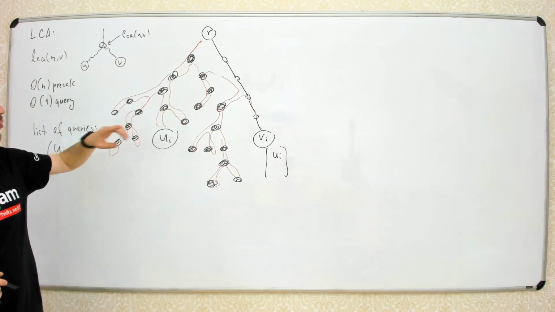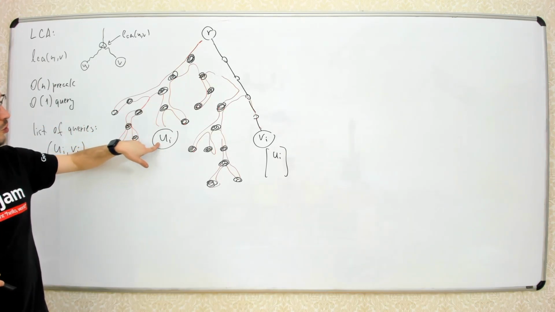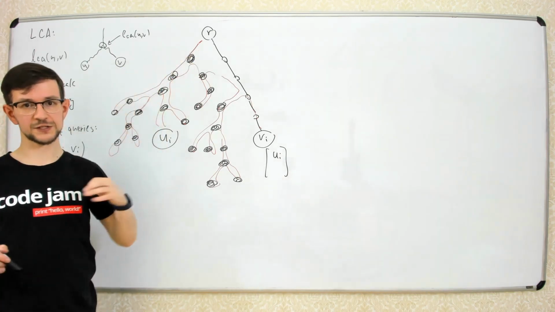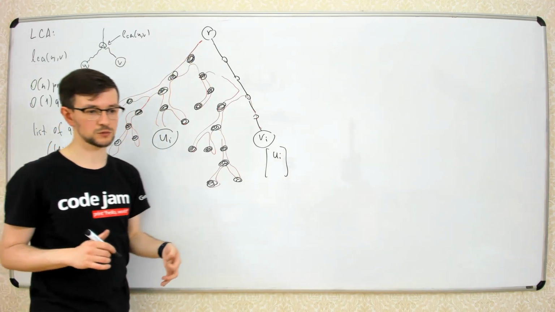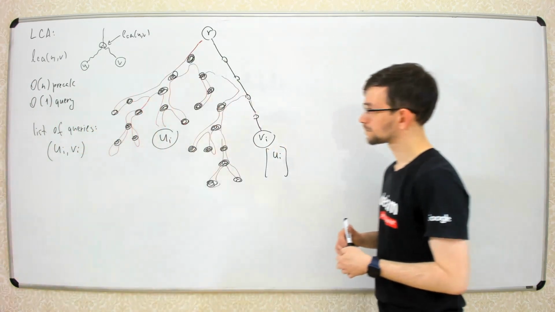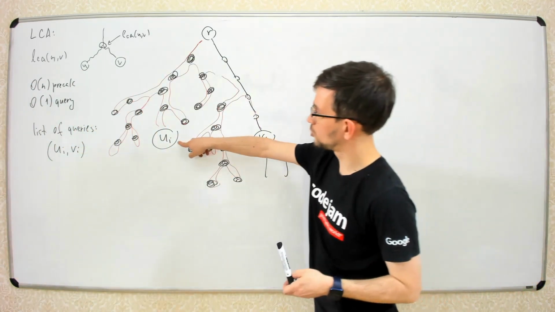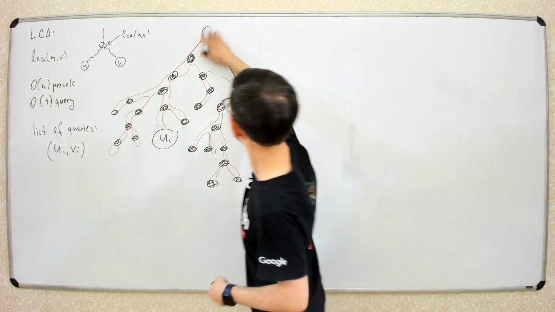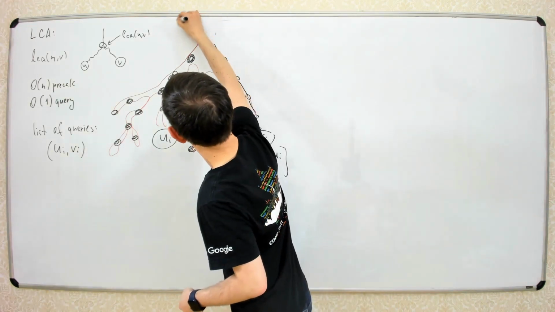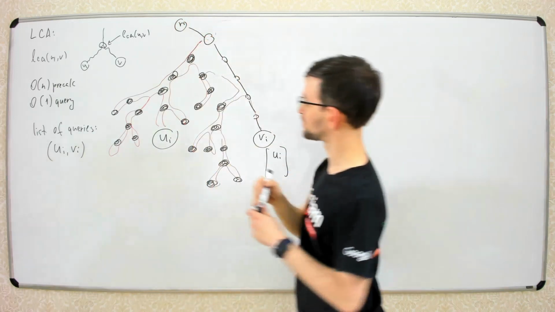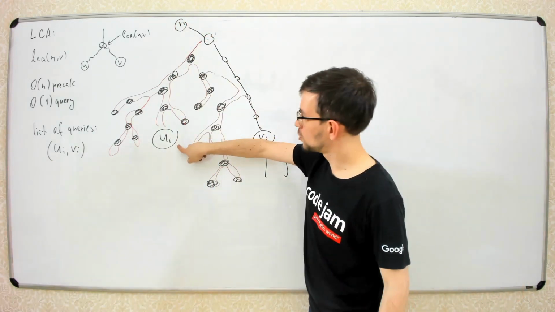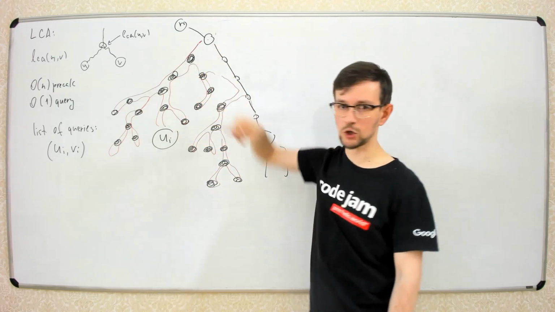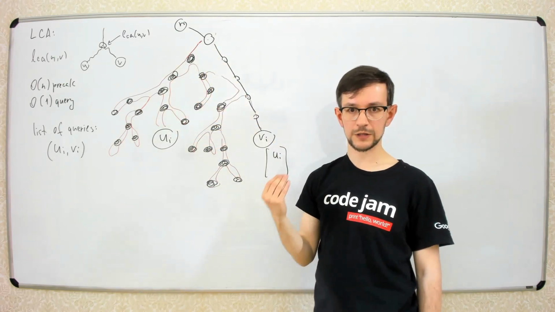What we need to do is to find for this node U the closest unmarked ancestor of this node U. So if you start from node U, you see these ancestors are marked. It's the root, it's not interesting. Let's make it not the root. So you start from node U and go up until you find the closest unmarked ancestor, right?